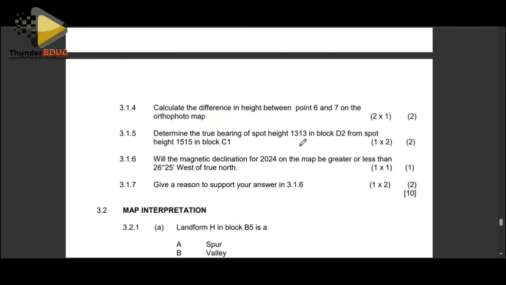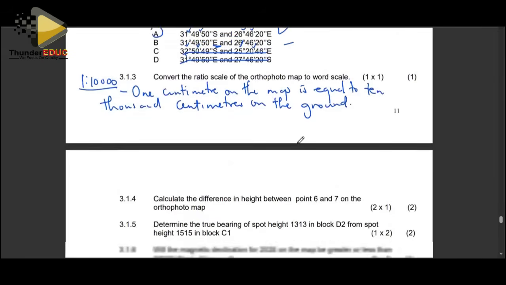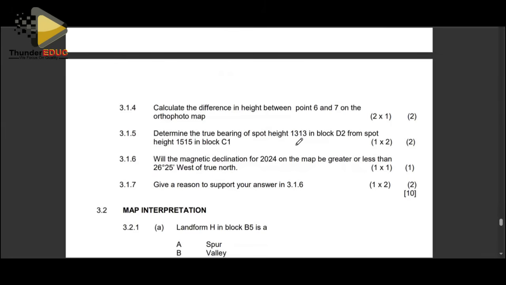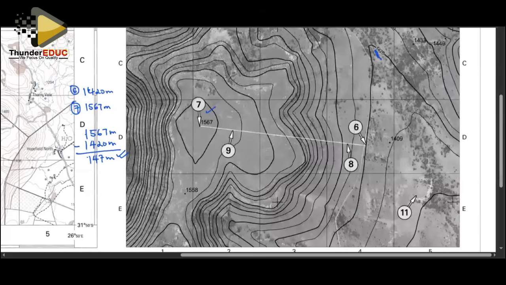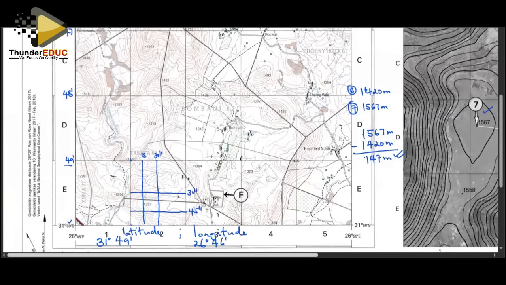This is not referring to the orthophoto map. Let's go to our topographic map.